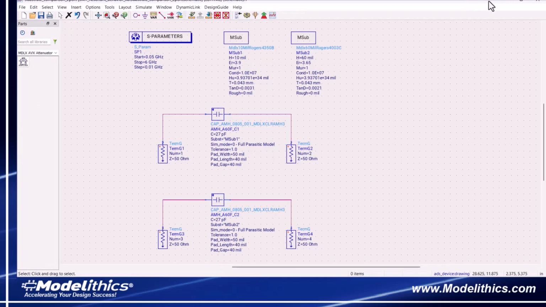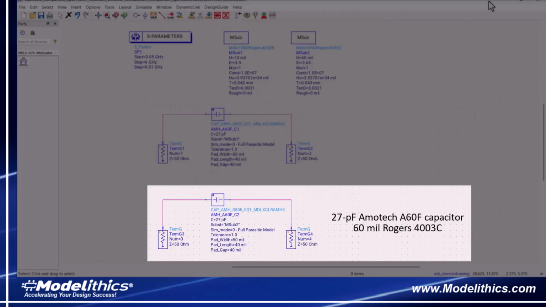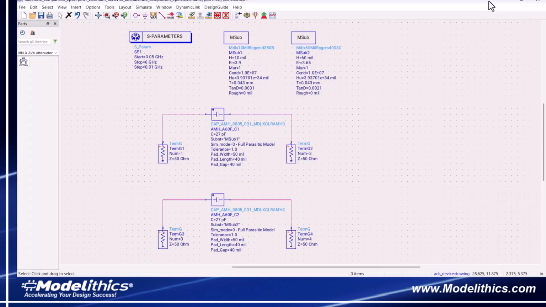Let's also simulate the same model in a two-port series configuration. Again, we have the same two scenarios here. For the model at the top, the substrate is 10 mil thick Rogers 4350B, and for the one at the bottom, the substrate is 60 mil thick Rogers 4003C. Both models are set to 27 picofarads.